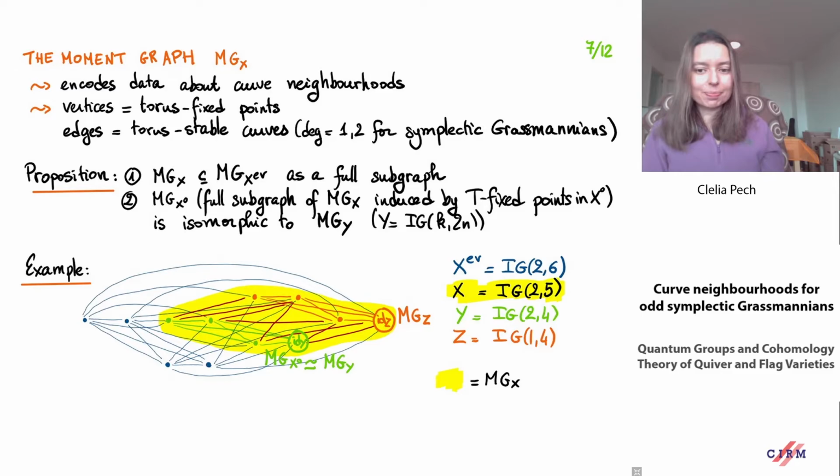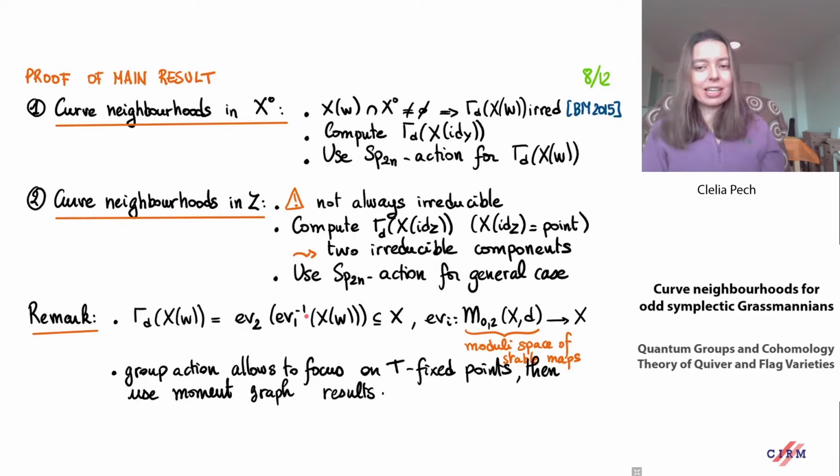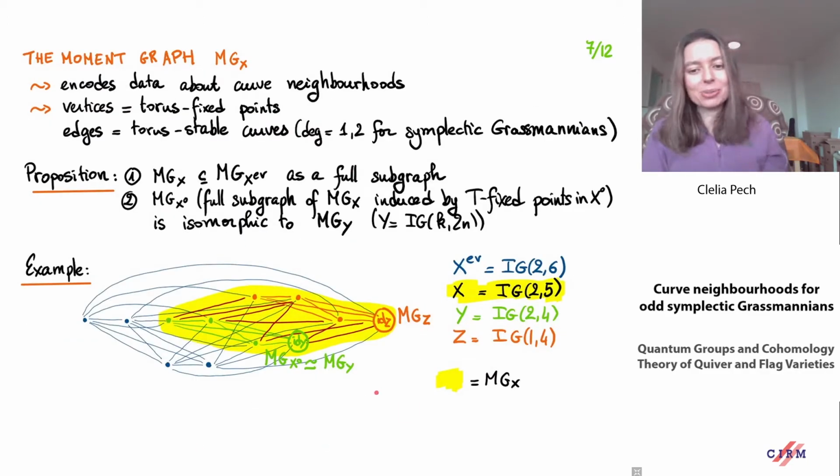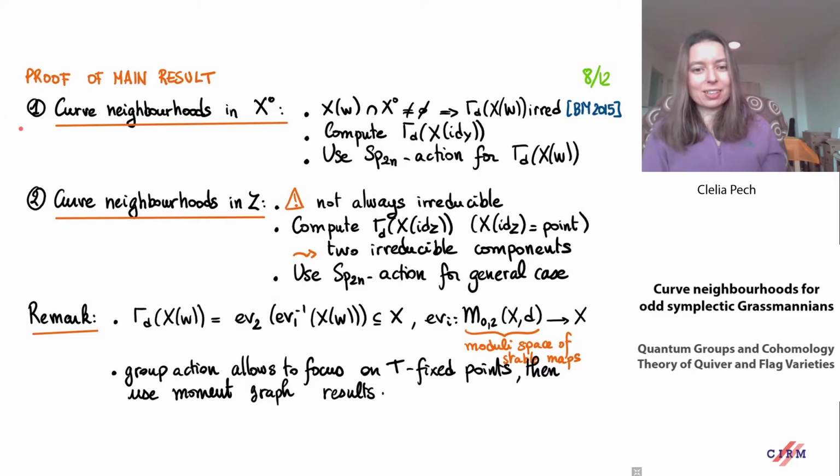And now I'd like to explain how we prove the main results using this data. If you look at the moment graph, what's relevant here is this Sp_2n action. But actually, for looking at the curve neighborhoods, the Sp_2n+1 action, the action of the automorphism group of the larger group, is really what we see.